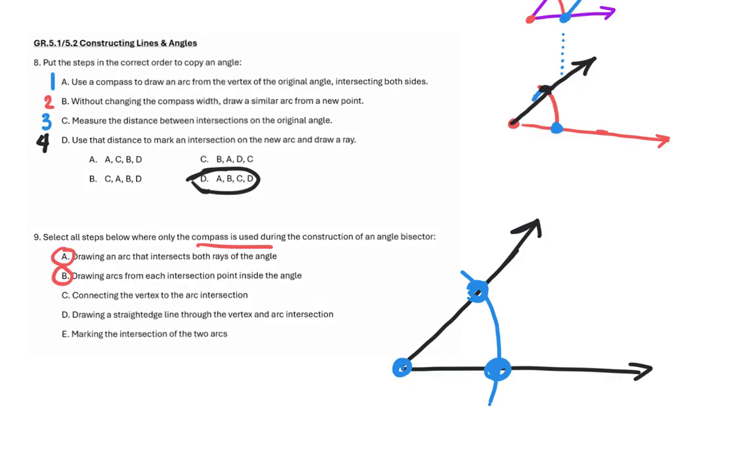And I would take my compass and put the pointy end on that new intersection point and make a little swipe. I would do the same thing on the other intersection, make a little swipe, and I would have that new intersection. And that point should bisect the angle. Okay, not the best drawing. This is all freehand. But anyway, there's my angle bisector.